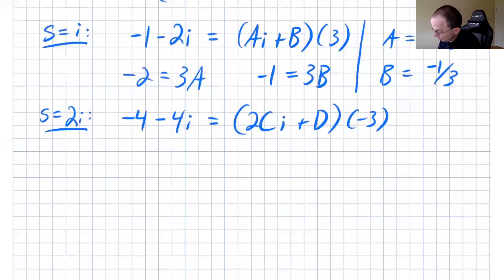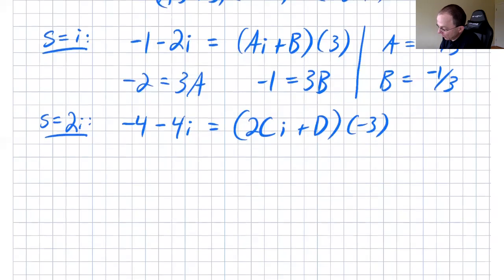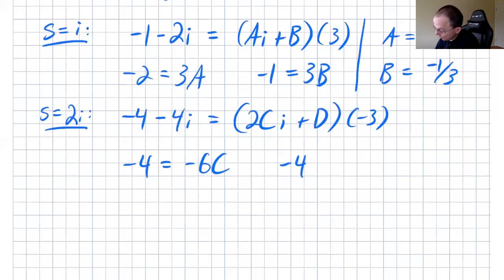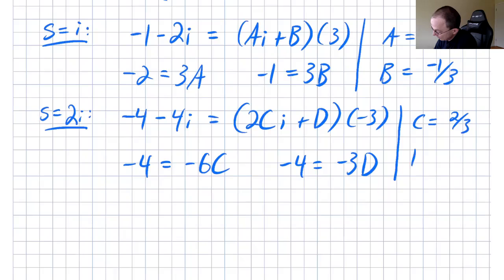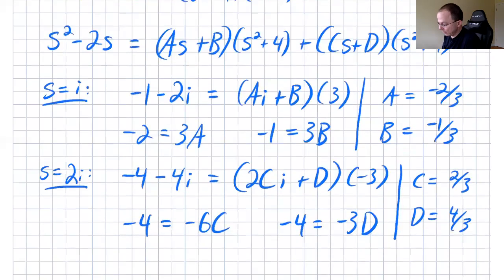Okay, so for the coefficient of i, we have -4 on the left-hand side, and on the right-hand side, we have -6c. And then for the real part, we have -4 on the left-hand side, and on the right-hand side, we have -3d. So therefore, c is equal to 2/3, and d is equal to 4 over 3. Okay, so now we have everything we need.